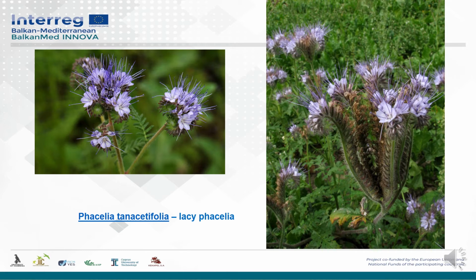We have to know that Phacelia is a weed plant that can host beneficial insects and can help the crops. We have to control it, we have to manage it, but not to destroy it at all.